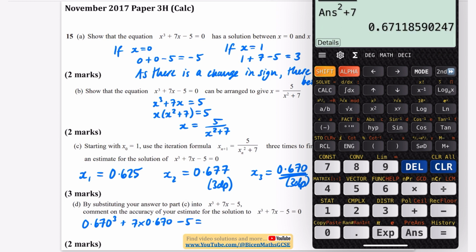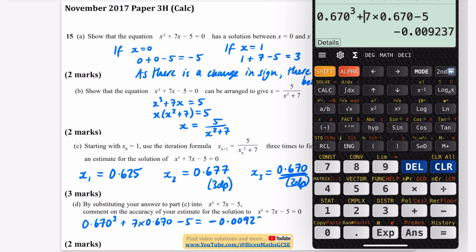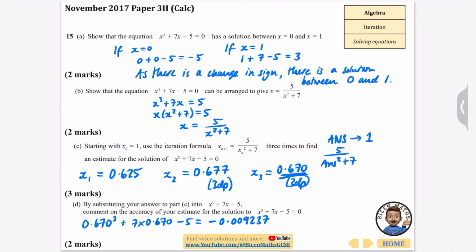So we're going to type in 0.670 cubed plus 7 times 0.670 minus 5, and oh, I didn't have a plus in there, I had a times, so that kind of threw me off. I get minus 0.009237, which is very close to 0.